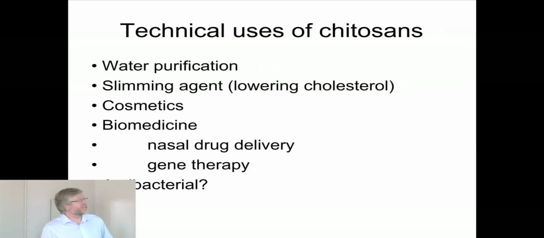There is a patent saying that it lowers blood cholesterol. My colleague says it's probably true. But I don't know. It has been used in cosmetics, in biomedicine, especially in nasal drug delivery and gene therapy. I will talk about that in a minute.